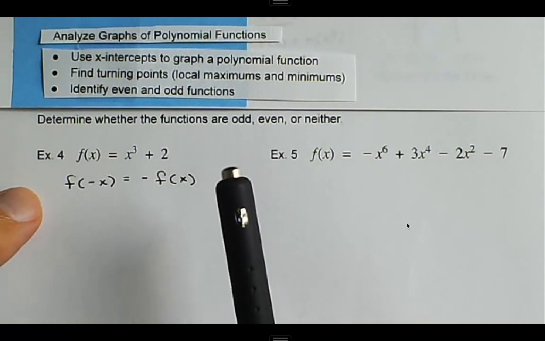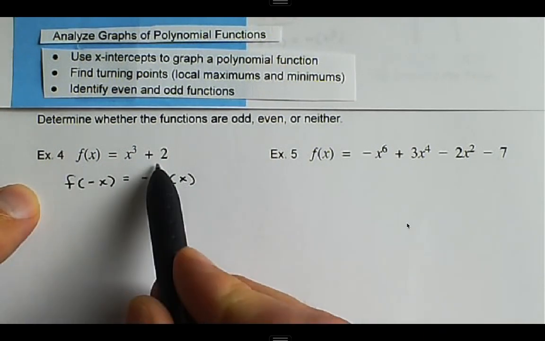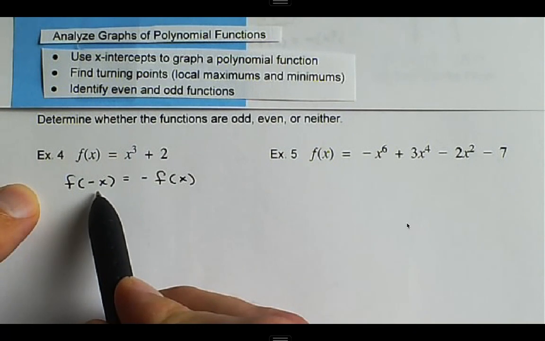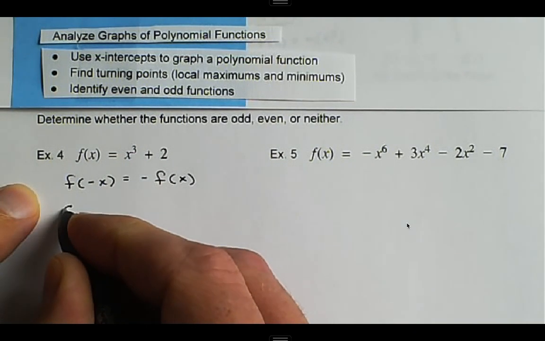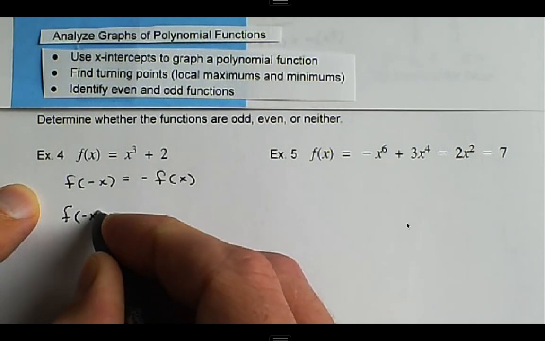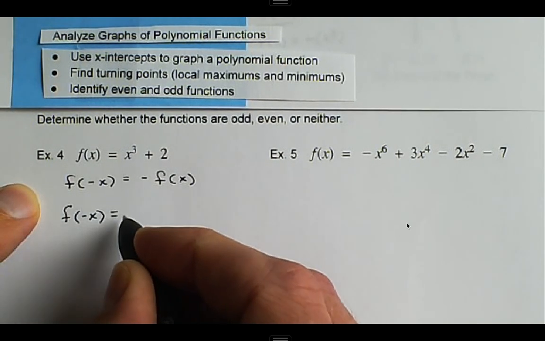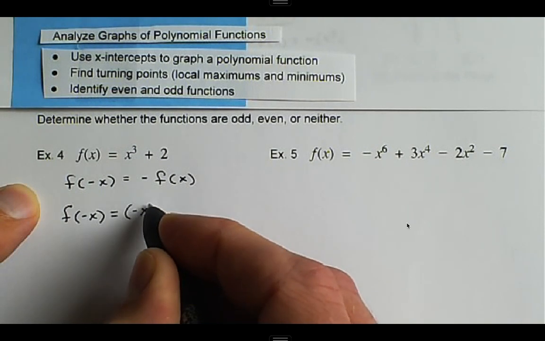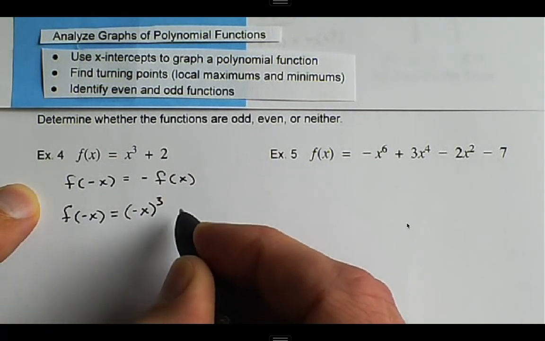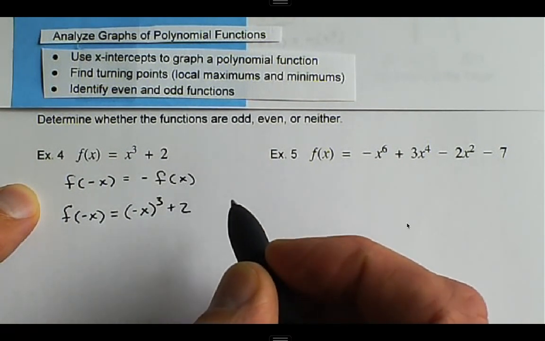So the first thing we want to do is we want to take the original function and substitute in negative x and see what we get. So we're going to take the function evaluated at negative x, and that will be equal to negative x cubed plus 2.